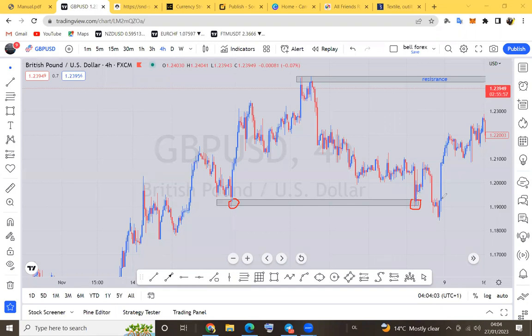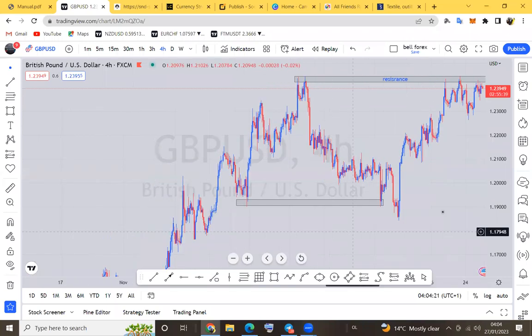Once price goes beneath this support, it becomes like a resistance to price. Are you getting me? You have to understand all of these things when it comes to support, resistance, and much more.